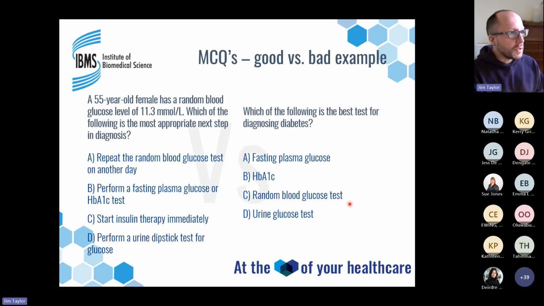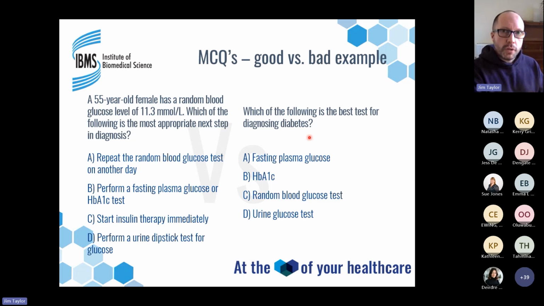A couple of examples that I've seen here, good and bad examples. On the left is an example of an MCQ, and on the right is an MCQ that fundamentally assesses exactly the same information. The question on the left is considered to be a good example because it's valid, it's reliable, it's fair.